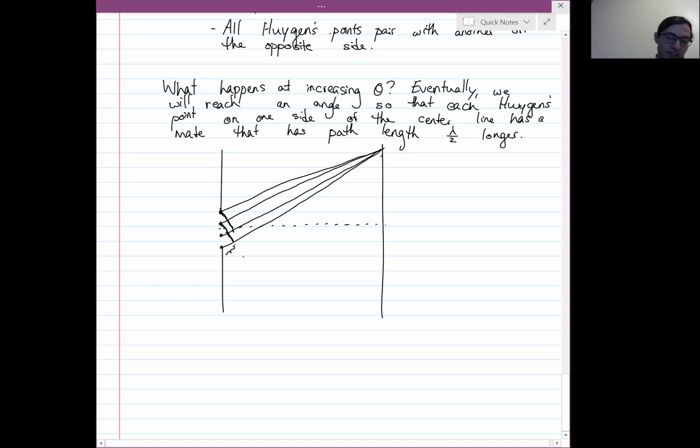If this distance is lambda over 2, then this point, that's a third of the way from the bottom, will destructively interfere with the point on the bottom. But because of the symmetry here, the top point will also destructively interfere with the point 2/3 of the way down.